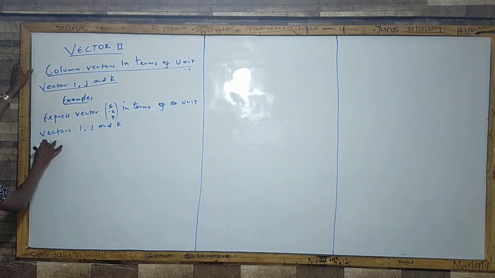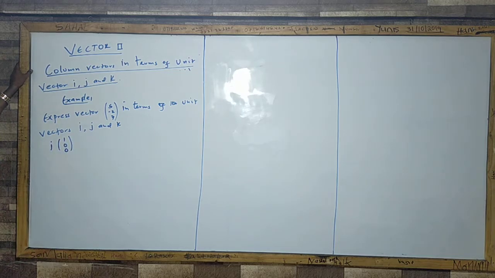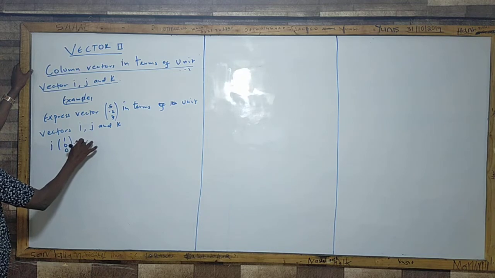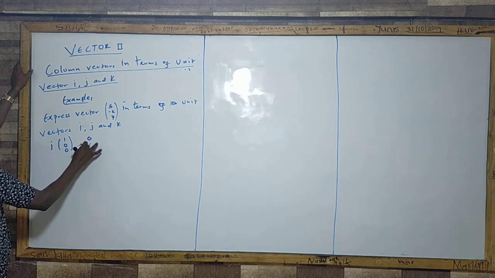For I, we know that I is 1, 0, 0. This is for I. Then for J, it will be 0, 1, 0.